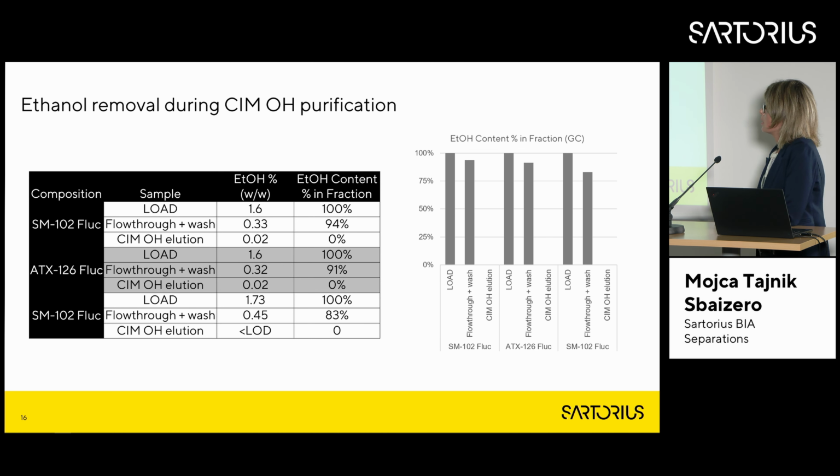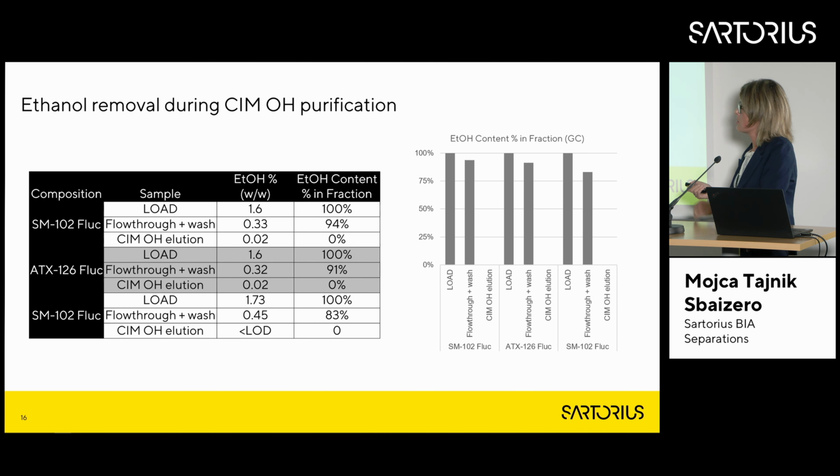Here we used gas chromatography to check the ethanol concentration in the load samples, the flow through, which is what doesn't bind to the column and just flows through, and then the OH elution for the three different samples.